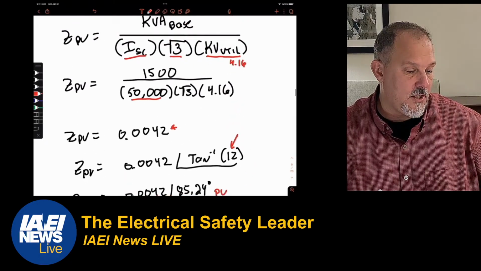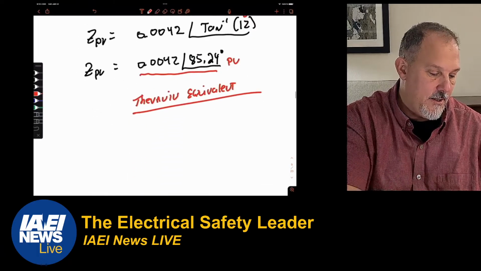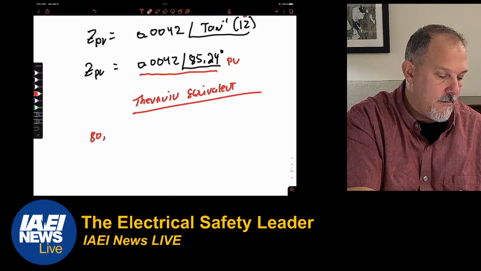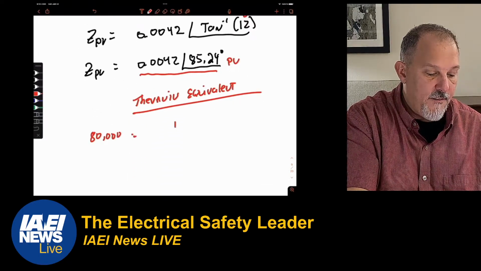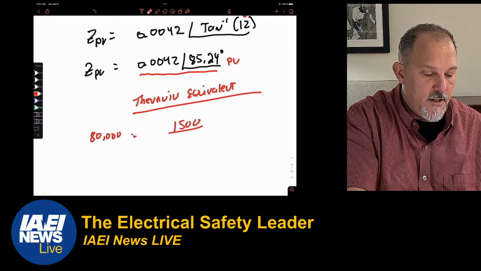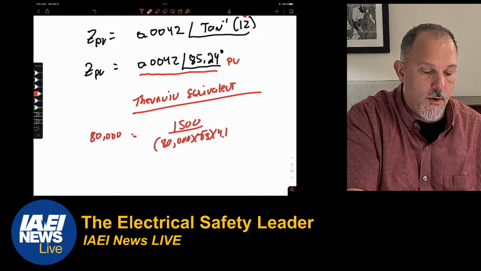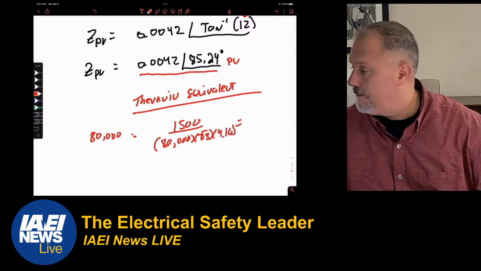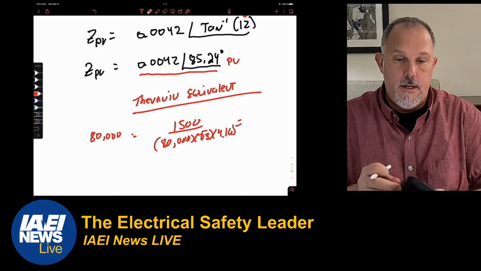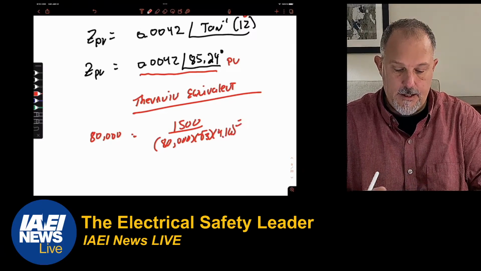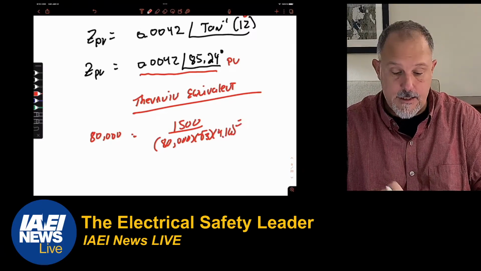Now, let's just say it was 80,000. Let's do it for 80,000. I have 1,500 divided by 80,000 divided by the square root of 3 divided by 4.16. Let me get my handy dandy calculator.